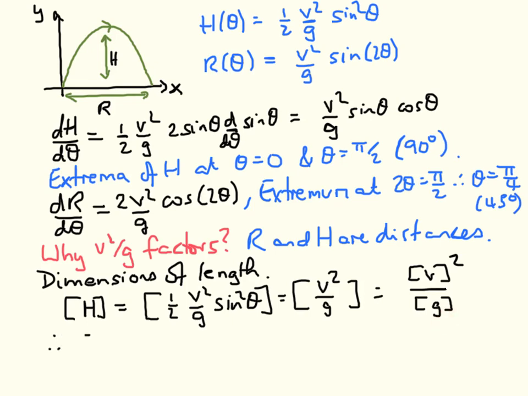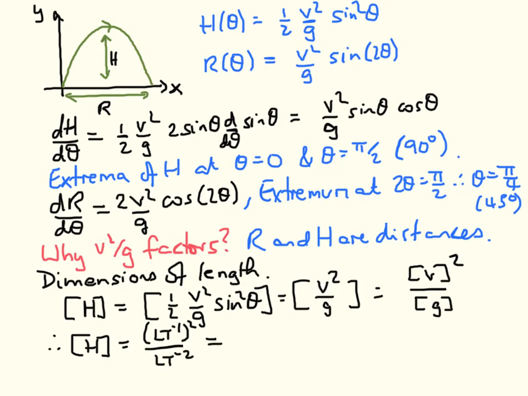So the dimensions of h are LT to the minus 1, and then we square it, it's v squared, divided by the dimensions of g, so it's over LT to the minus 2.